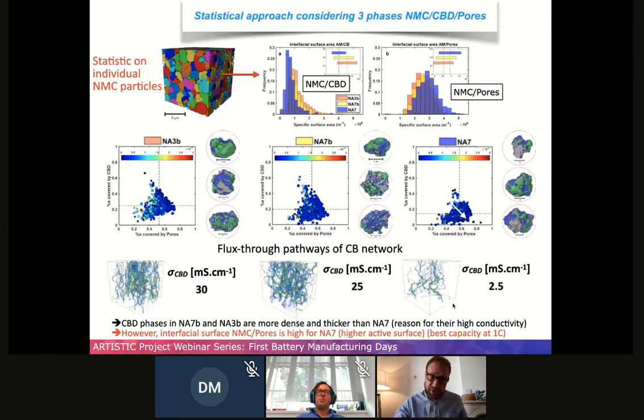We need a good contact, a good connectivity with the carbon network, but if the carbon network is too high and covers a huge part of the NMC, you have less accessibility for the liquid electrolyte. So you need a kind of balance to have a good performance for the battery.